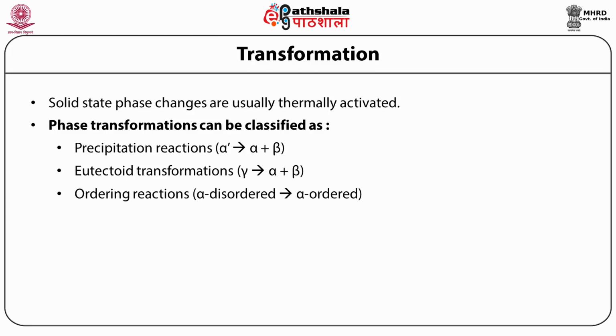Next type of transformation is beta to alpha. In this kind of transformation, the parent phase transforms to the product phase without any change in the composition, but with a different crystal structure.